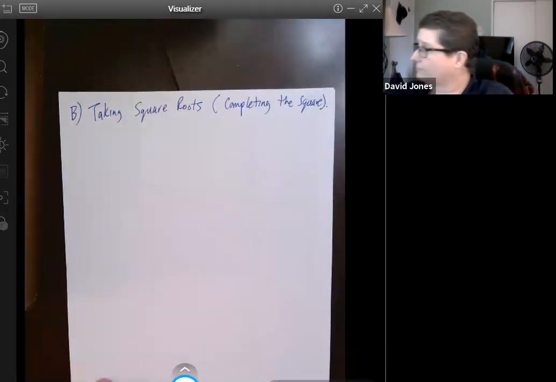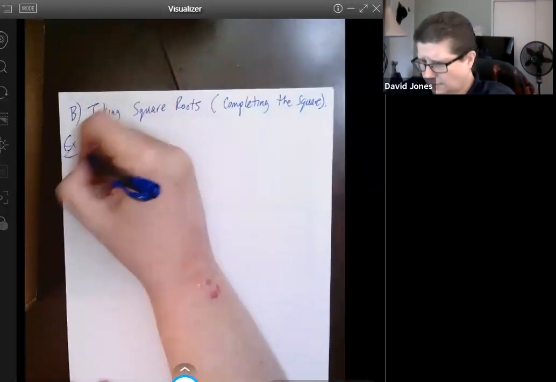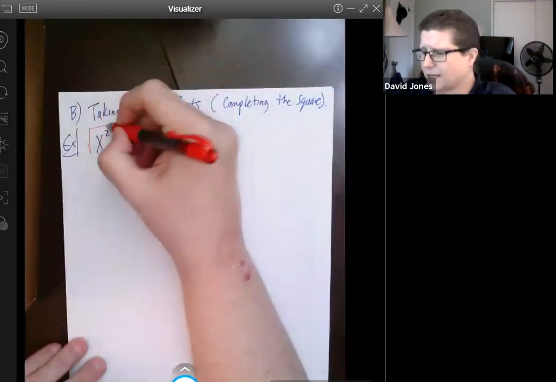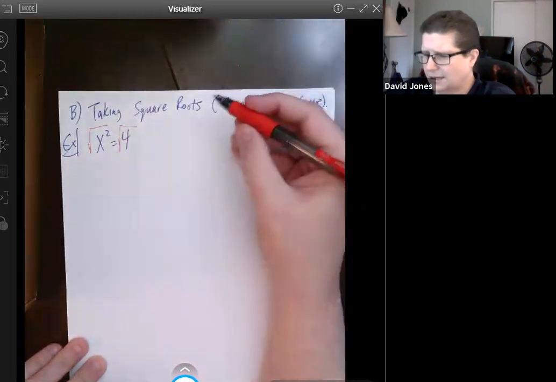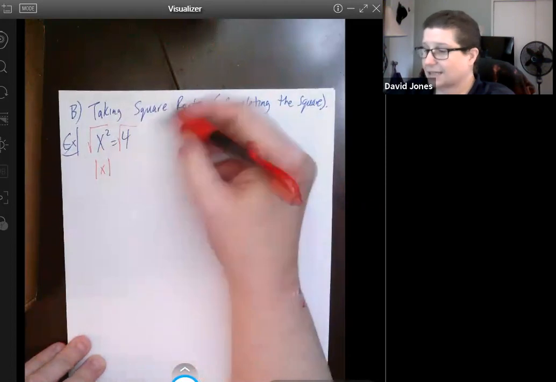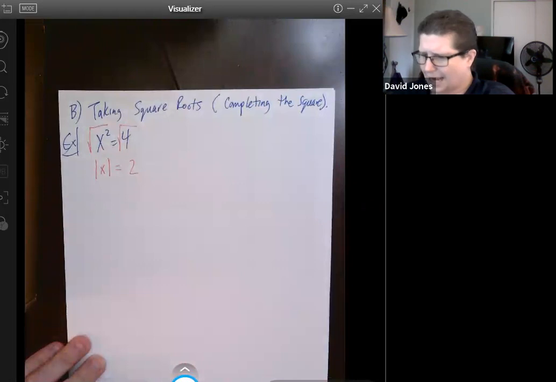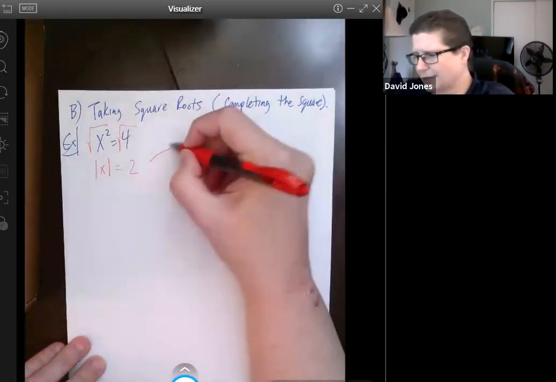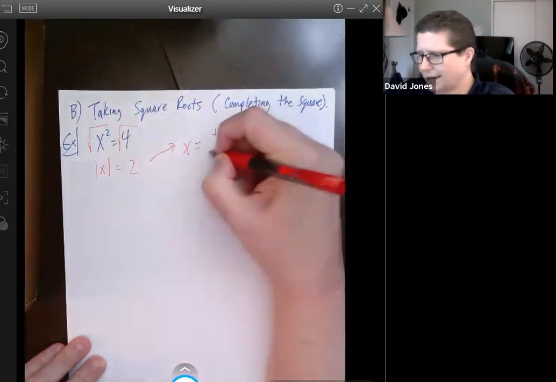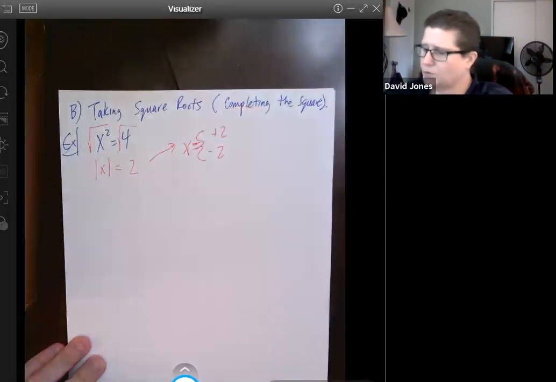If I've got x squared equals 4, if I take the square root of both sides, remember the square root of x squared is the absolute value of x. Square root of 4 is 2. When you have the absolute value of x, this ends up being x equals positive 2 or negative 2. So those are two solutions for it.